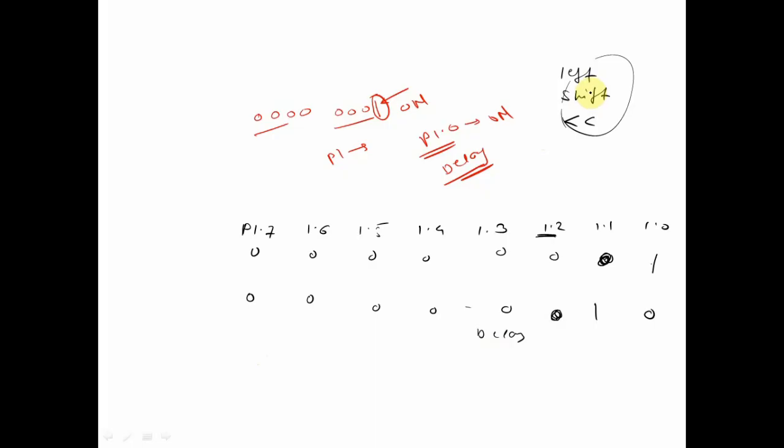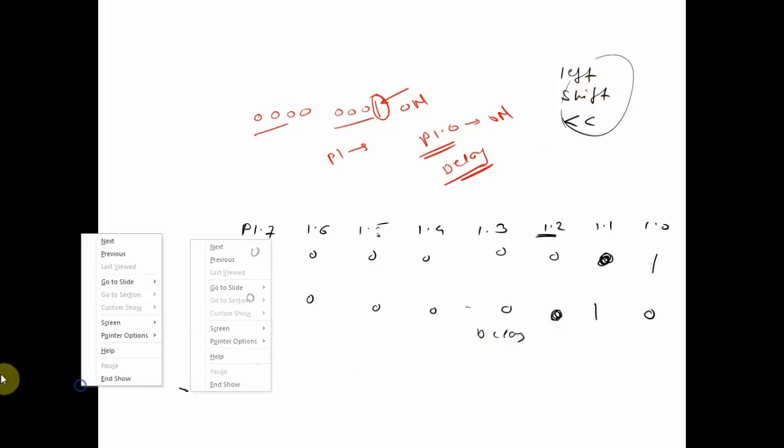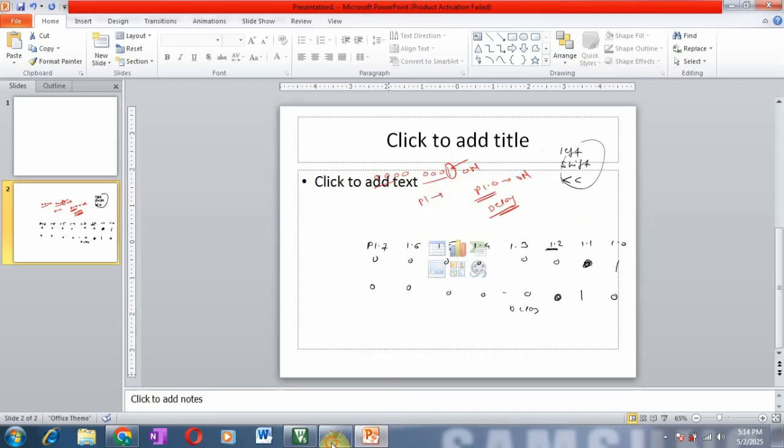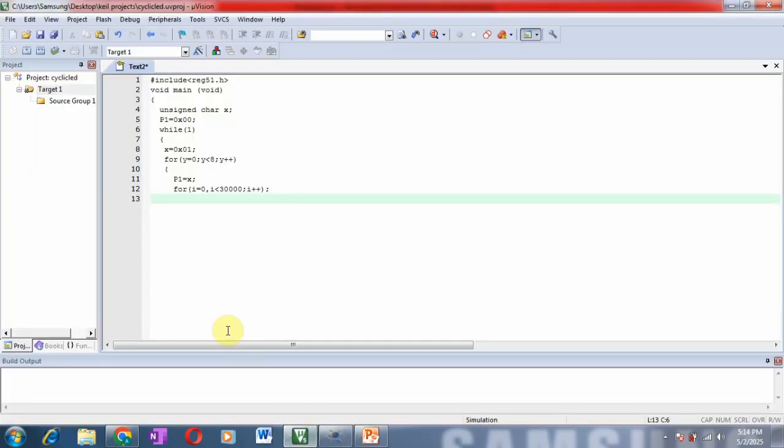So for achieving this logic, now I am going to write the statement x is equal to x left shift by 1, and simply close all the brackets. So this is the first bracket for this for, this is the second, and this is the third bracket.